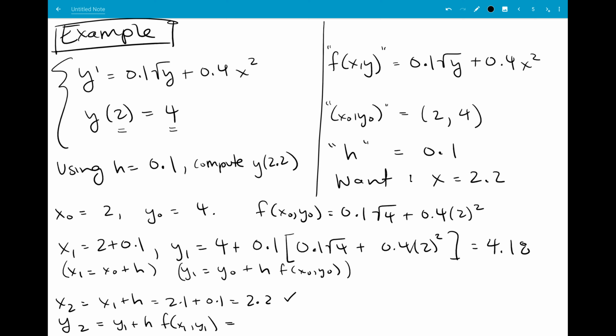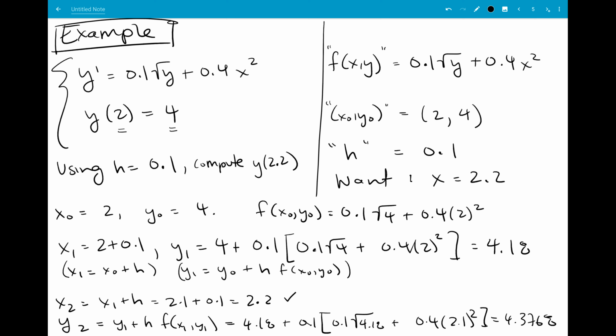And so that's going to be 4.18 plus 0.1 times 0.1 square root of 4.18 plus 0.4 times 2.1 squared. Again, this is a lot of arithmetic. I did it on a calculator before this. It's 4.3768.